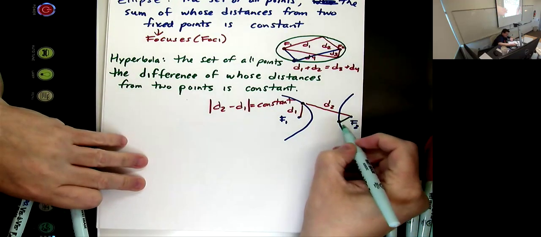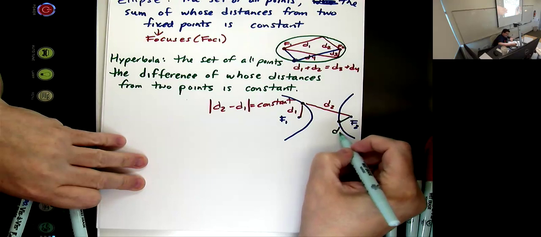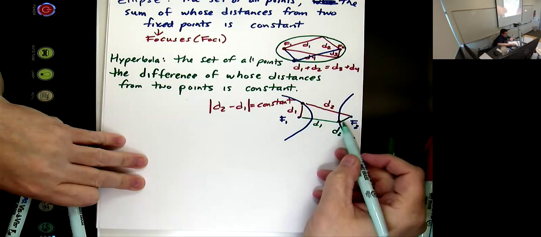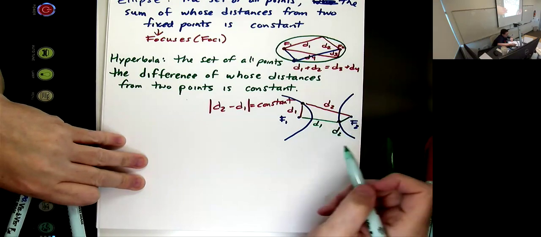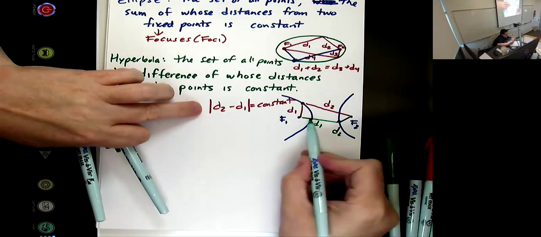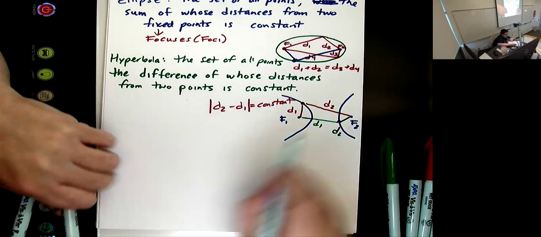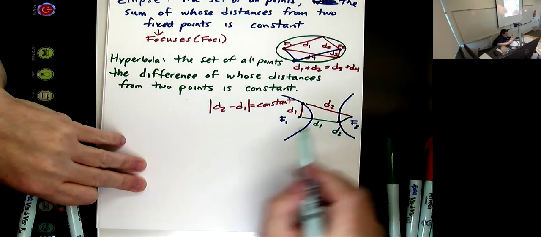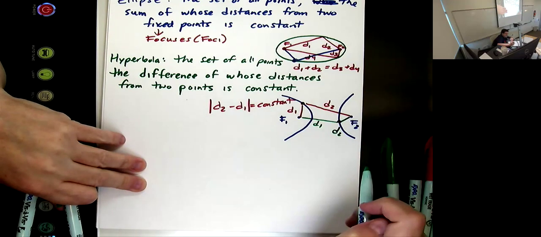I call that D2 and I call that D1. D2 is shorter than D1, so depending on which way you do the subtraction, you need the absolute value. The difference between the two points is constant.